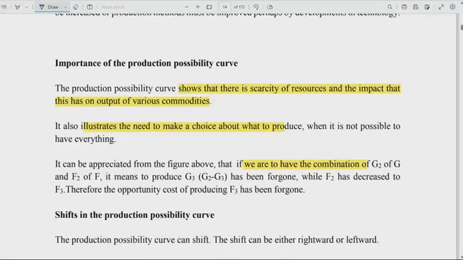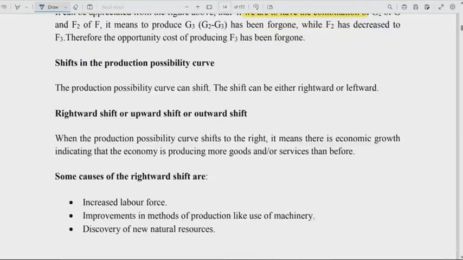The second shows that we have to make a choice on what to produce. And thirdly, it shows that there is always going to be an opportunity cost for making these economic choices. So these are the three importance of the production possibility curve.